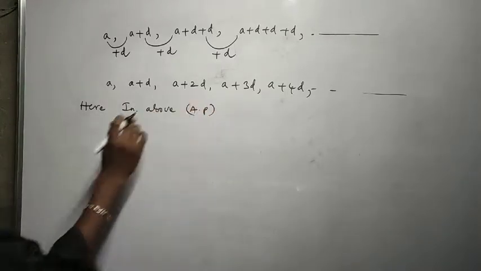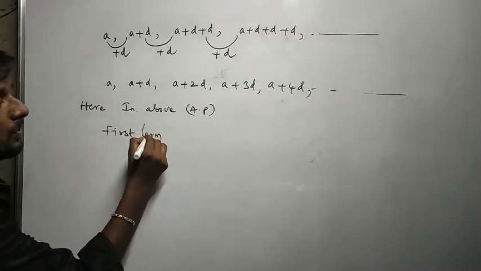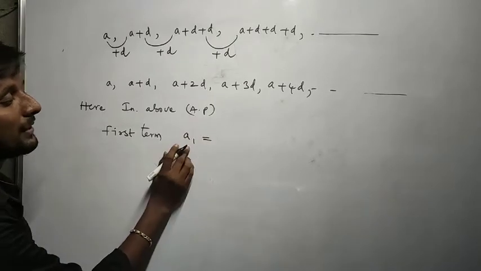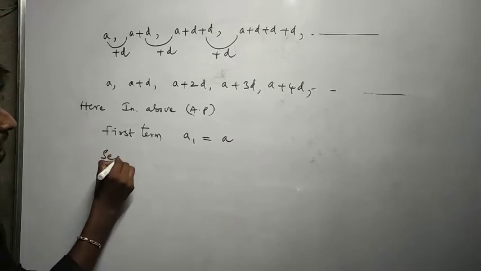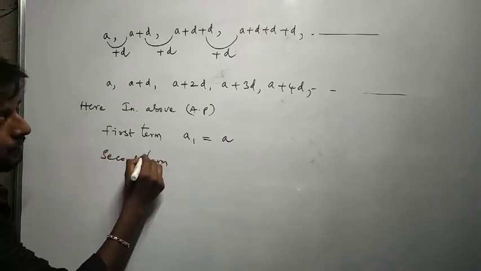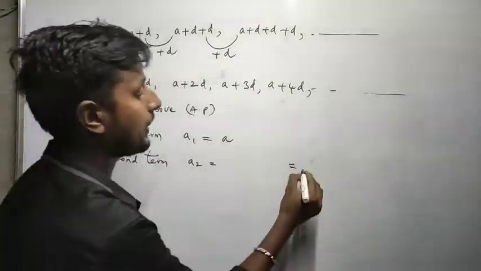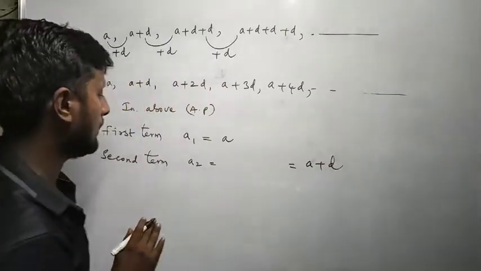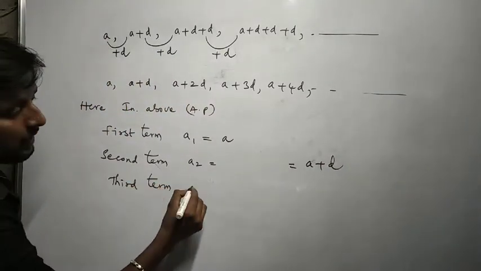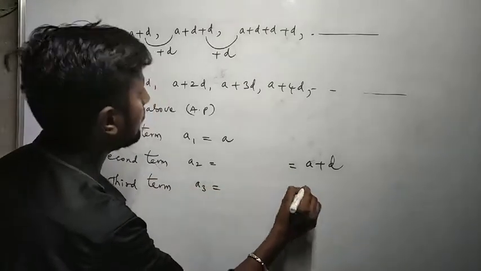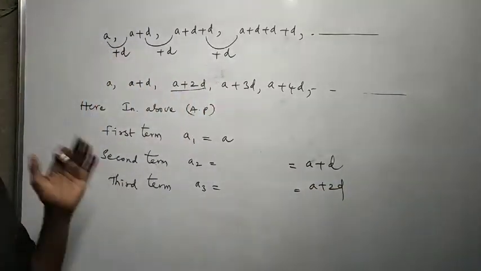In the above arithmetic progression, the first term is A1, which is nothing but A. The second term A2 is A plus D. The third term A3 is A plus 2D. Did you observe any pattern in this?